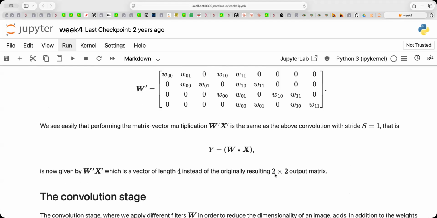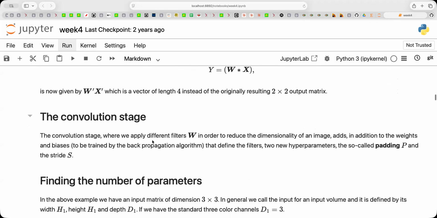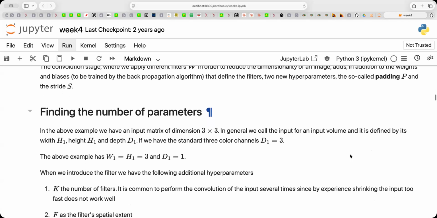You can easily convince yourself that that is the case. So the convolution stage is a case where you apply different filters in order to reduce the dimensionality of an image. In addition to the weights and biases, which are trained by backpropagation, you have two new hyperparameters, which are called padding and stride.